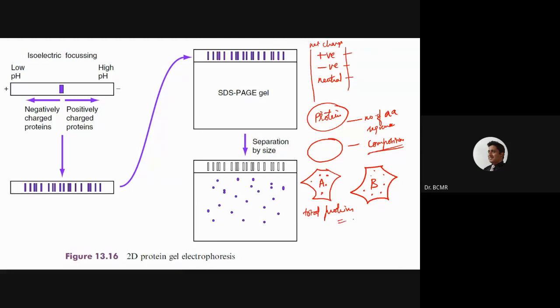So we will call it proteomics, right? If you are trying to know about all the types of proteins specific to a cell type or a growth condition, treated, untreated, something like that, all those things come under proteomics.